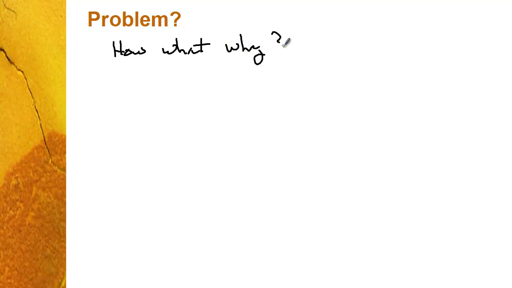So a problem usually comes from some type of question or some kind of issue that you're having just in everyday life. It doesn't have to be anything extremely chemical related or extremely scientific. That's great if it is, but it doesn't have to be.